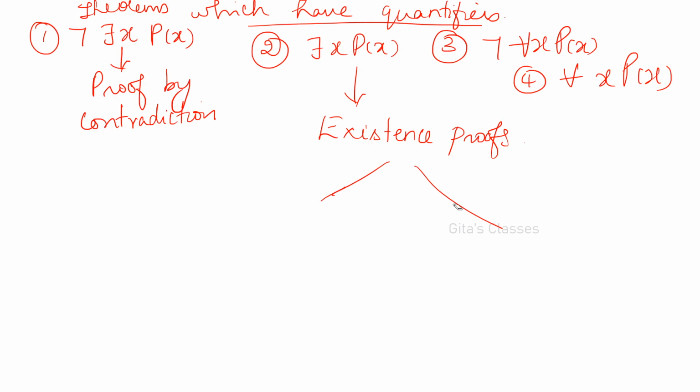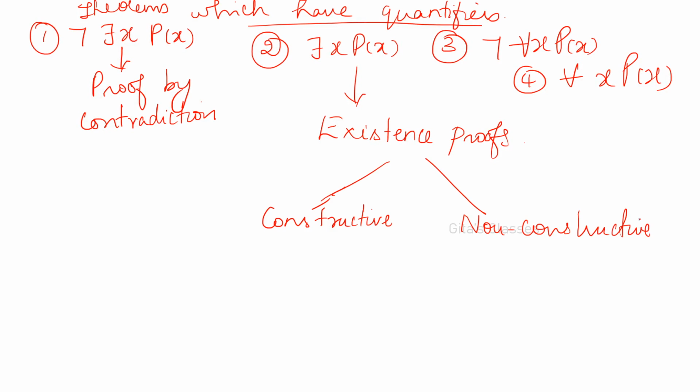Directly you can find out the existent value. Otherwise, sometimes you will get some confusion, 2 or 3 values will be there, and you may have to find out. So one is constructive and another one is non-constructive. You can expect theory part also. Questions can be from theory part also.